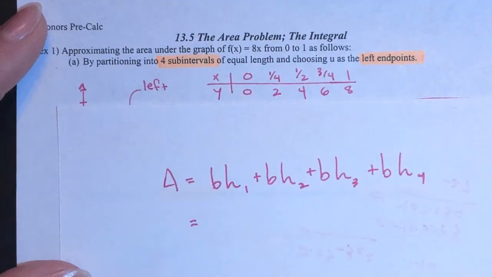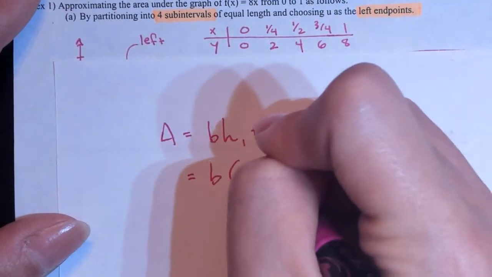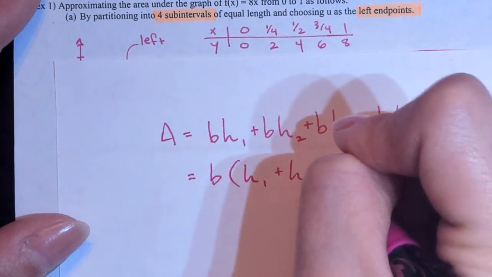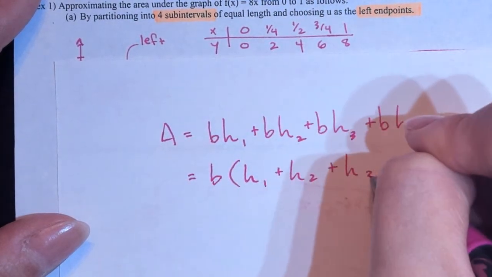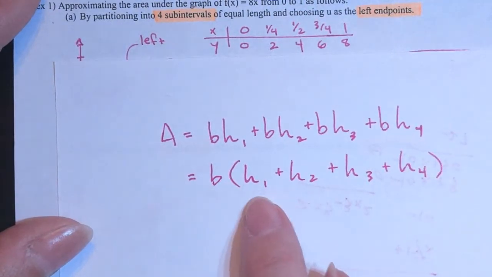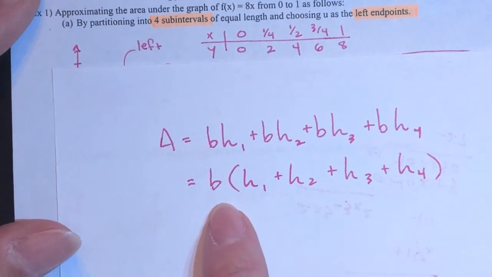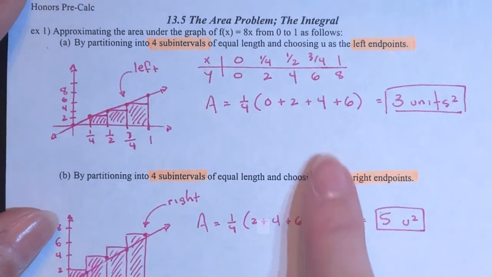So instead of writing it like that, you can factor out the base, and then just add the heights together and multiply, and then I'll get my answer. That's what I did over here.